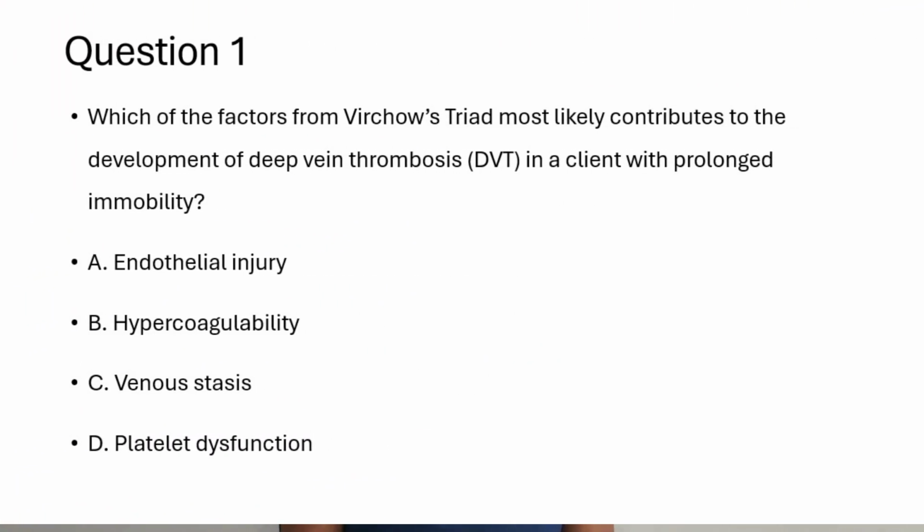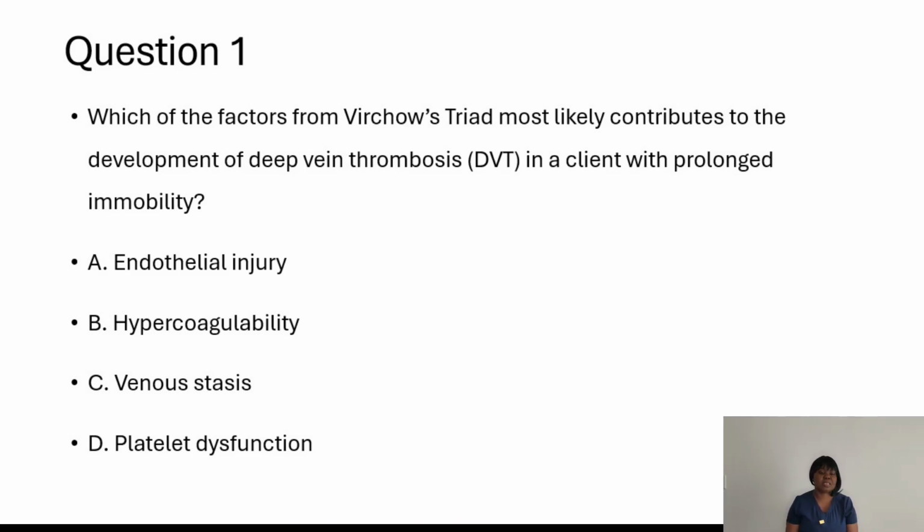So question 1. Which of the factors from Virchow's triad most likely contributes to the development of deep vein thrombosis, DVT, in a client with prolonged immobility? Let's analyze the question. So we know Virchow's triad is made up of 3 factors contributing to the development of deep vein thrombosis.